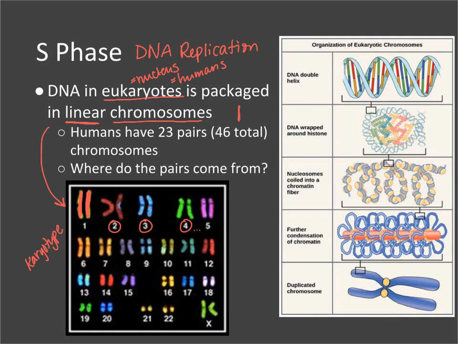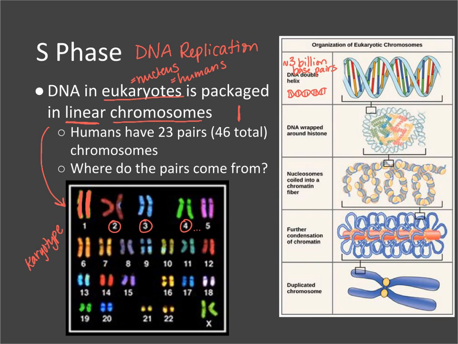So recall that these chromosomes are just made up of this kind of double helix of DNA. And remember that in humans, we have about 3 billion base pairs in our genome. So we have a lot of information in our DNA, and this is a very, very long molecule.